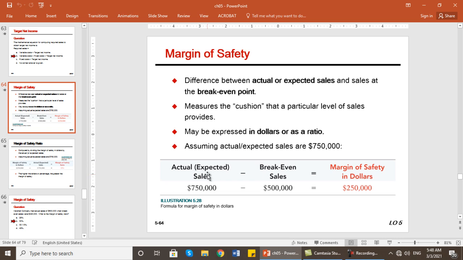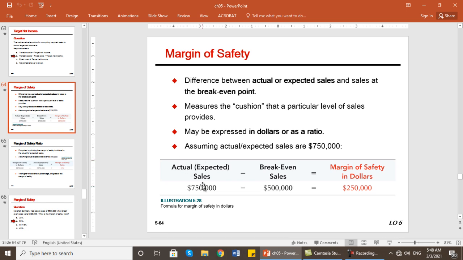Actual or expected sales of 750,000 is given, minus break-even sales from the previous exercise, 500,000. So the margin of safety in dollars is 250,000.